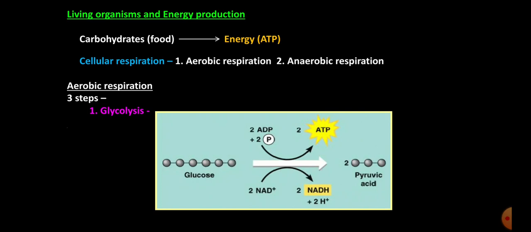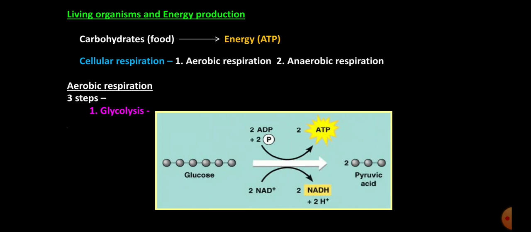So these are the products of glycolysis. And what was the reactant? Reactant was glucose. Now glucose is broken down first into 2 molecules of pyruvic acid, and then this pyruvic acid gets converted into acetyl coenzyme A.